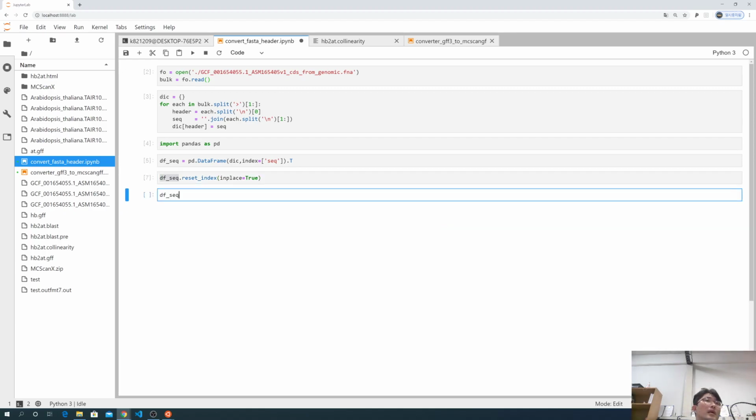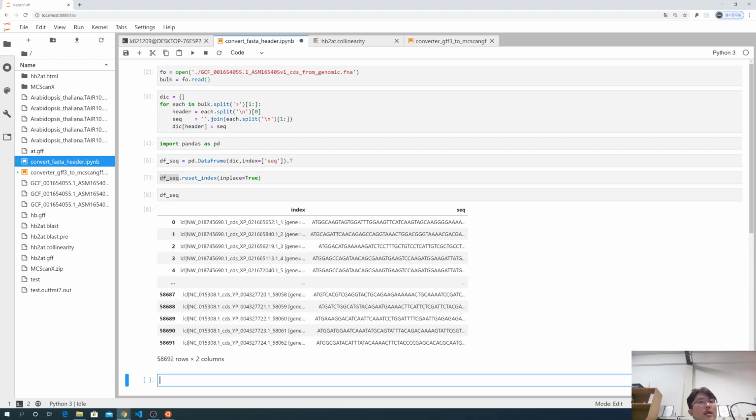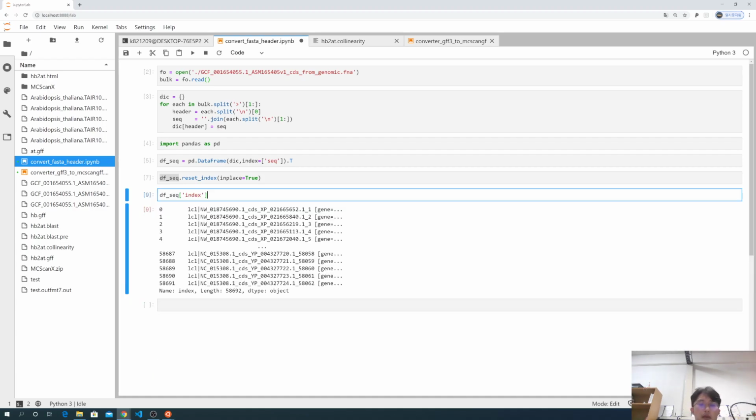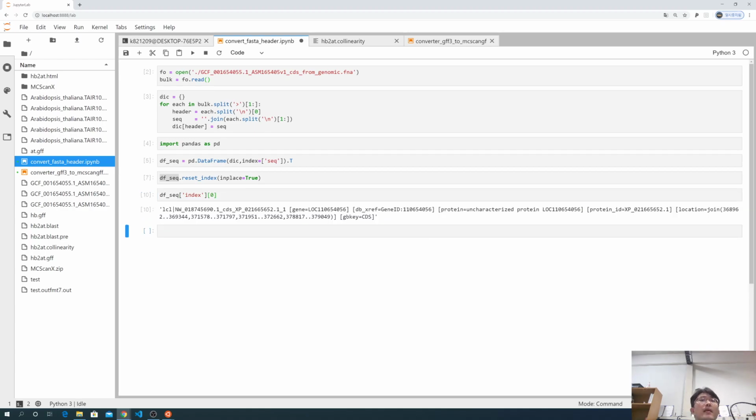Okay, so this is how we have it. And the index has every piece of information, right? The index has everything. So what we need is the protein ID.